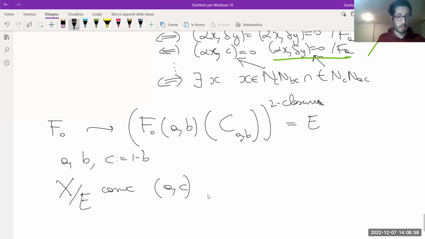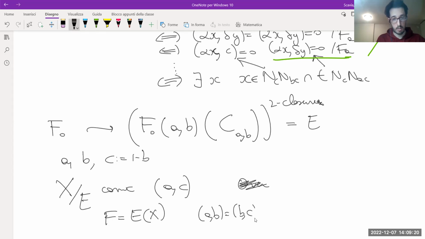Yeah, so AC, the conic corresponding to AC. Okay, and now F should be the function field, F is E of X. Now over this, we have AB is BC and then CD, which is CA here.